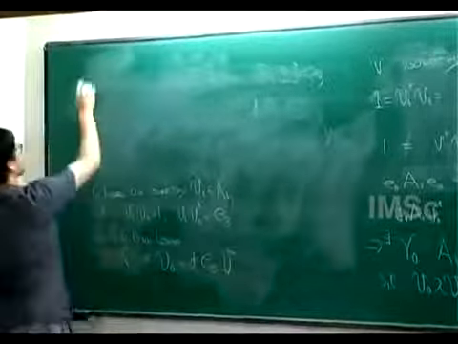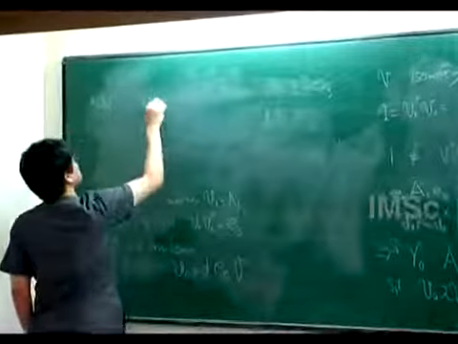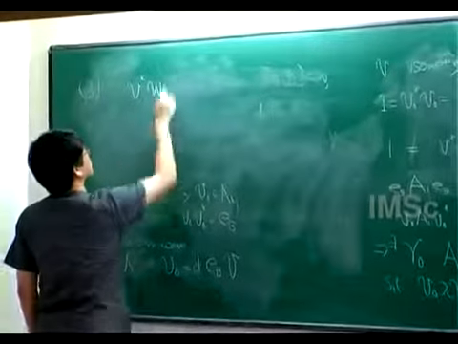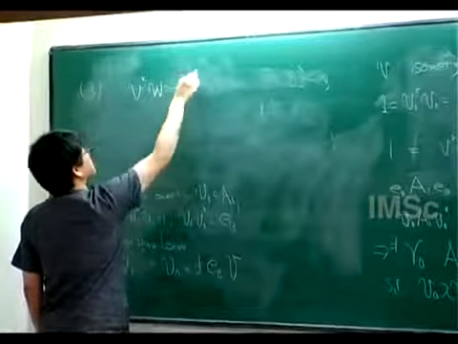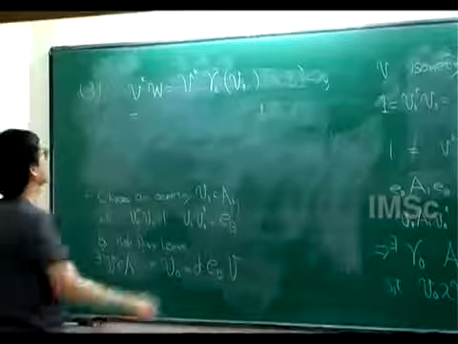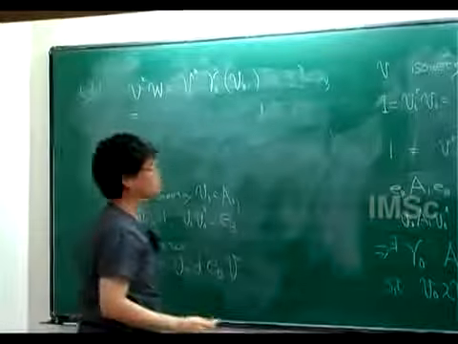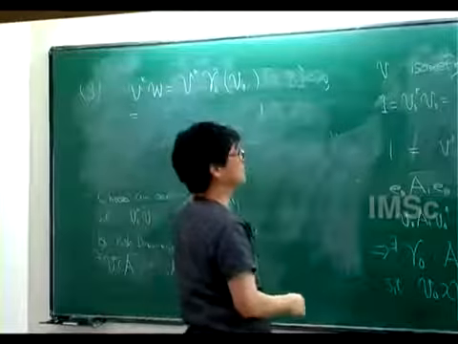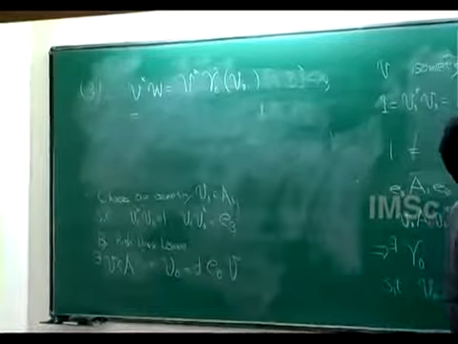And so, first this one. This is V star gamma 0. Now there is a nice formula for gamma 0 by using the conditional expectation.